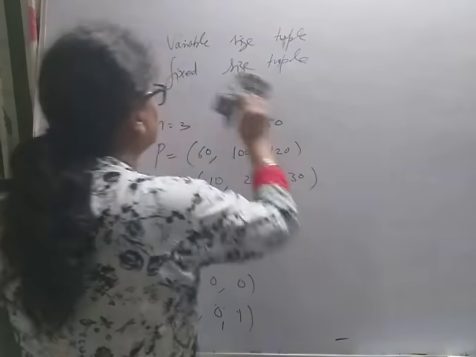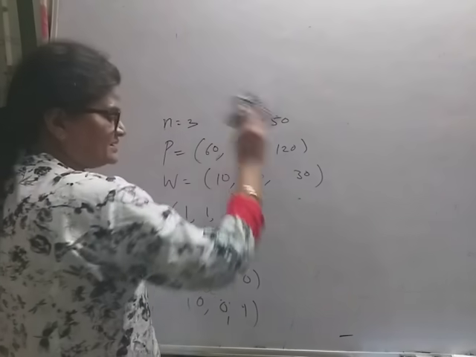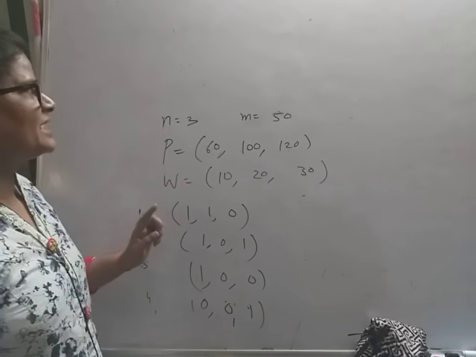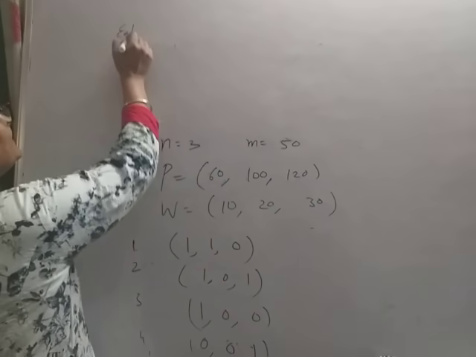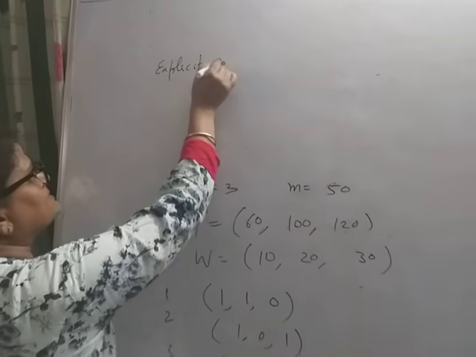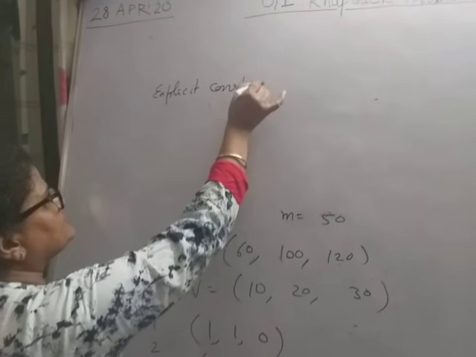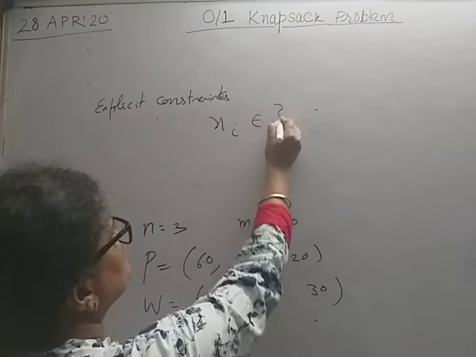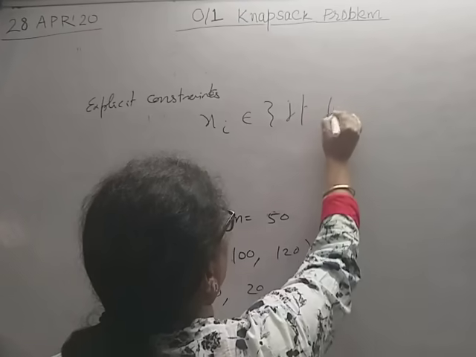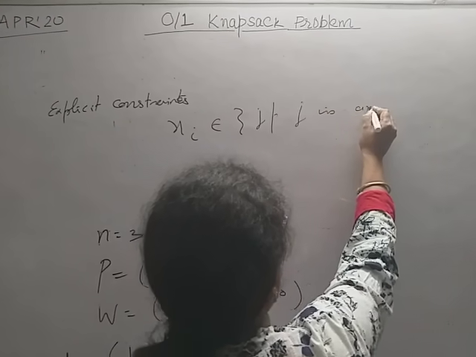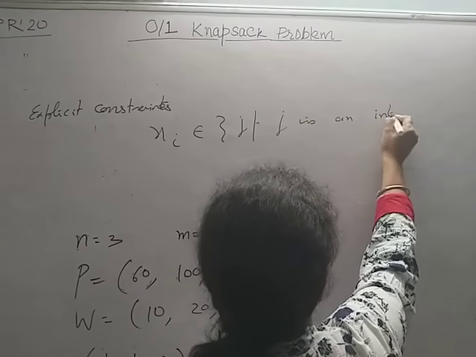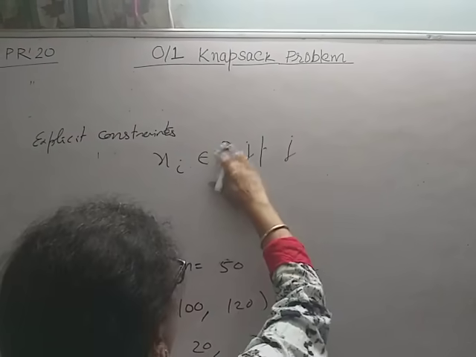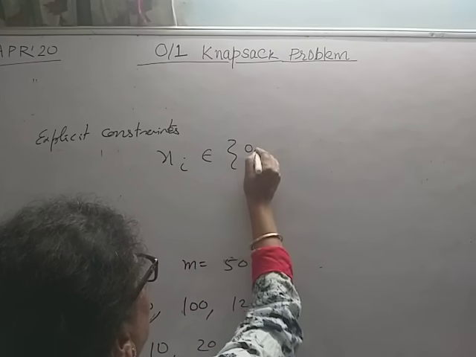Okay, so what if we represent the solution space by the fixed tuple size? The explicit constraints in the 0-1 knapsack problem: xi belongs to a set, where xi belongs to {0, 1}.